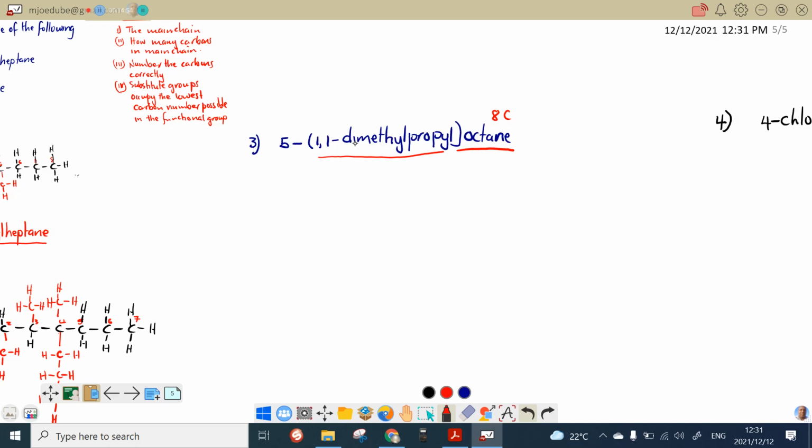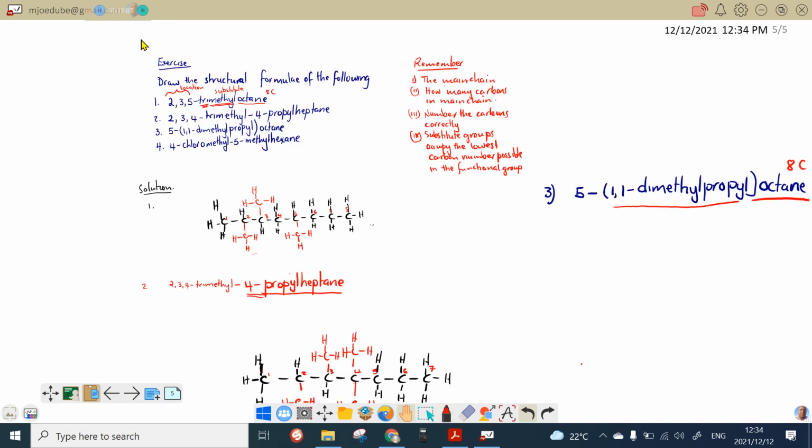So you've got your dimethyl propyl group, which is attached on carbon number 5. So this is the location of this substitute group, which is your dimethyl propyl group, attached on carbon number 5.